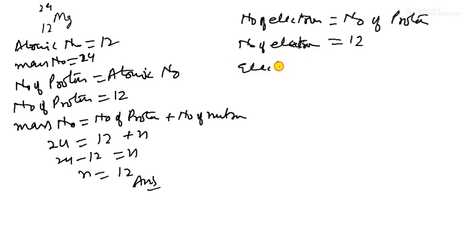Now electronic configuration. It is 12. So you can say 2 and 8 and 2. So you can write like this, 2, 8, 2. It is 12.